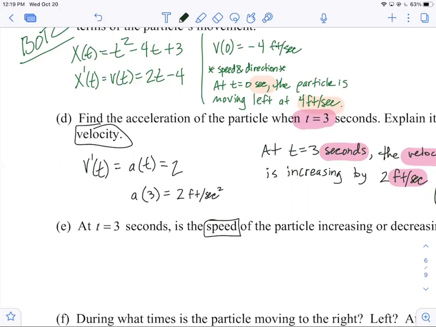But let's think about velocities, right? As you throw it up, is the velocity positive or negative? The velocity is positive, okay, because it's going in the upward direction. Is the velocity increasing or decreasing at that moment?